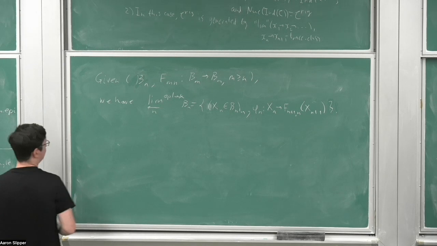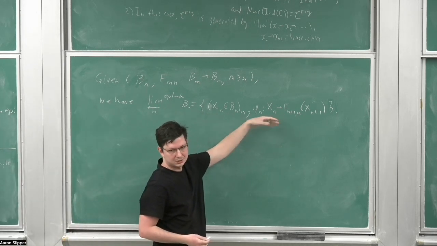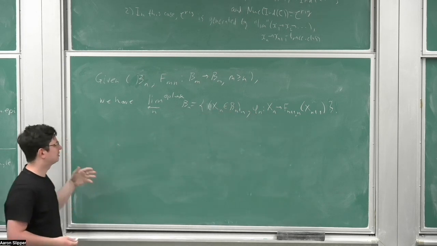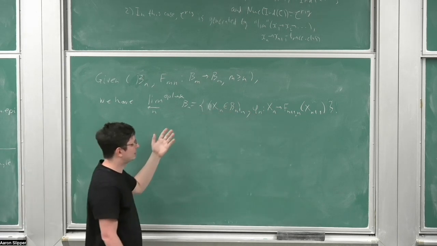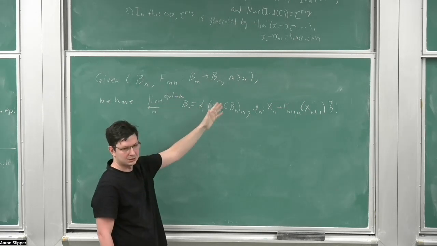So the limit is certainly contained here, because in the limit we require identifications, and here we just take the maps.